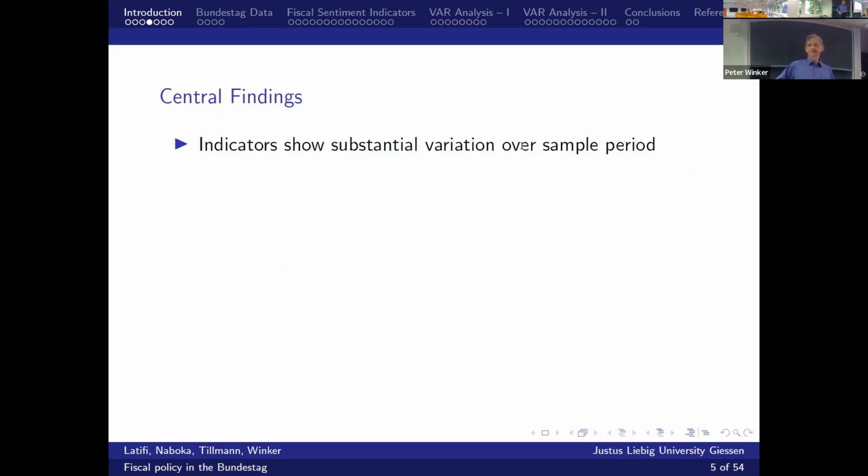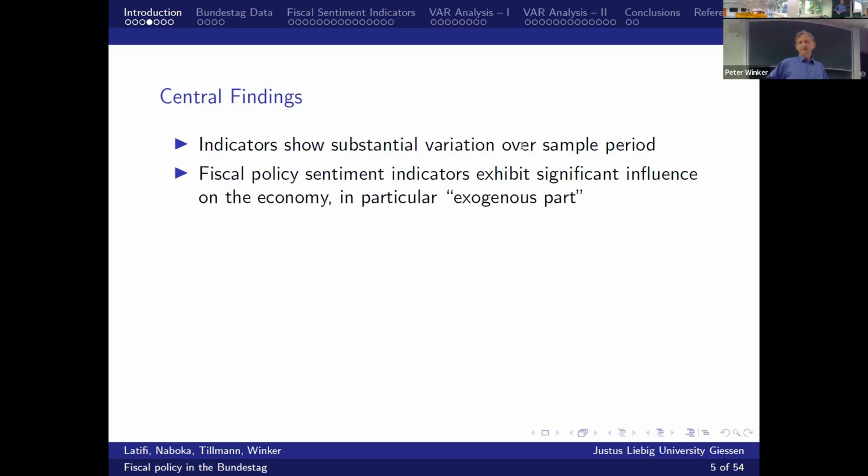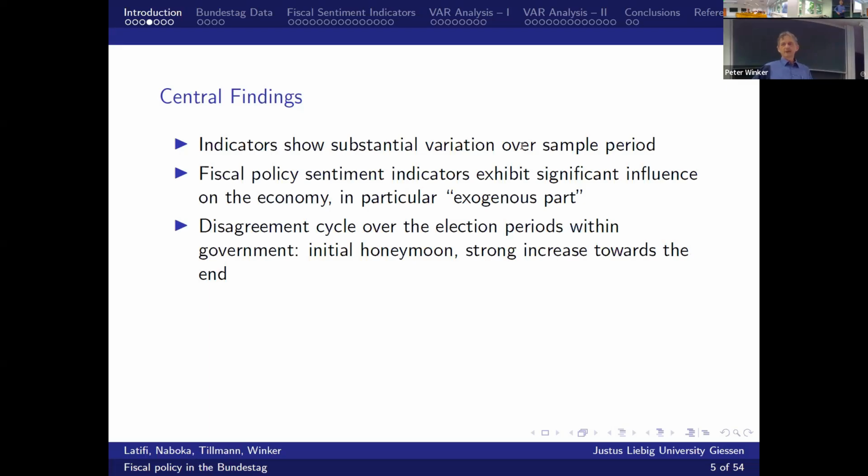That's what we need to make use of it. We see a significant and also strong, in absolute size, impact of the sentiment on the real economy. In particular, this exogenous part has a stronger impact, which is always significant for longer periods, whereas the endogenous part is sometimes significant, but it's smaller. So it's this exogenous component which has a major role.